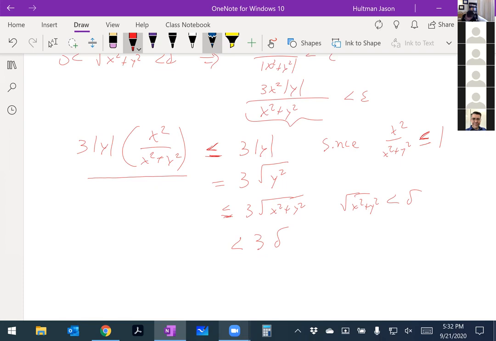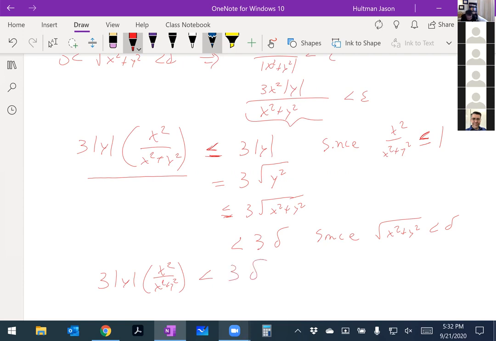And this is less than this thing if we add anything, which is then less than 3 delta, since the square root of x squared plus y squared is less than delta. So what's the net result? The net result is that we have 3 absolute value of y, x squared over x squared plus y squared, is less than 3 delta.